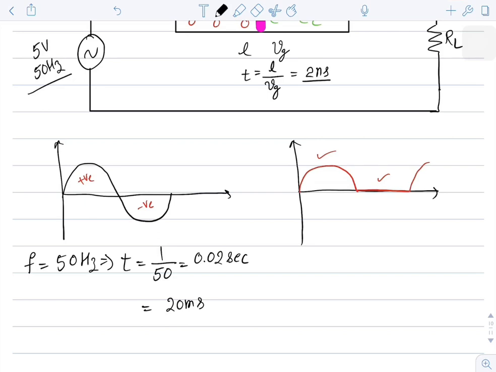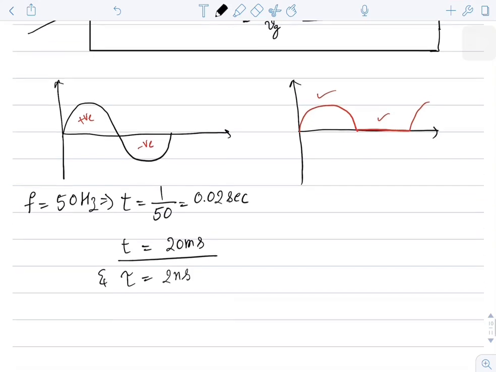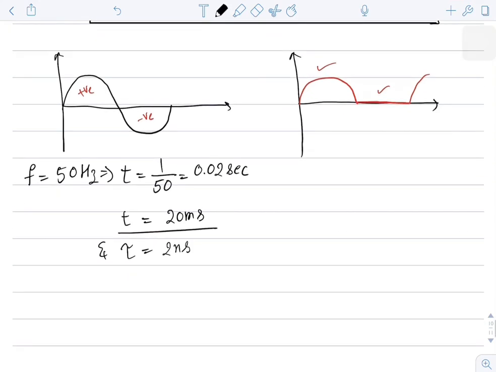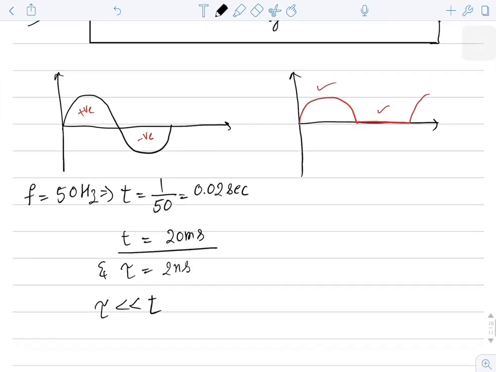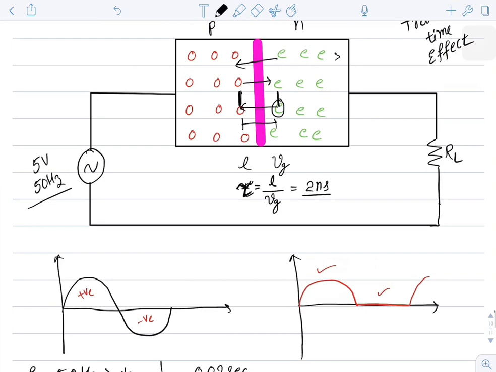If you convert that into milliseconds, that is 20 milliseconds. If you compare T and tau, T equals 20 milliseconds and tau equals 2 nanoseconds. The time for the electron to move from n-type to p-type region, tau, is very small when compared to the time period of the signal. This is what happens at low frequencies.